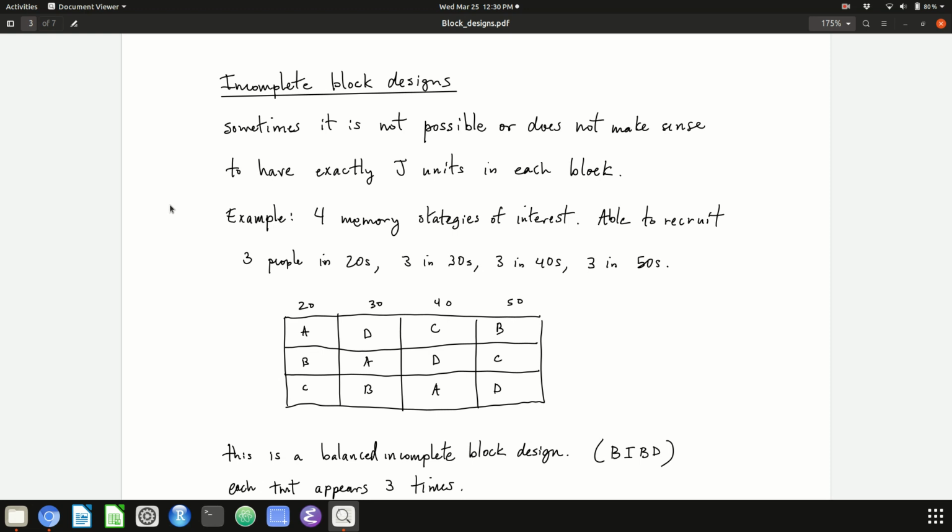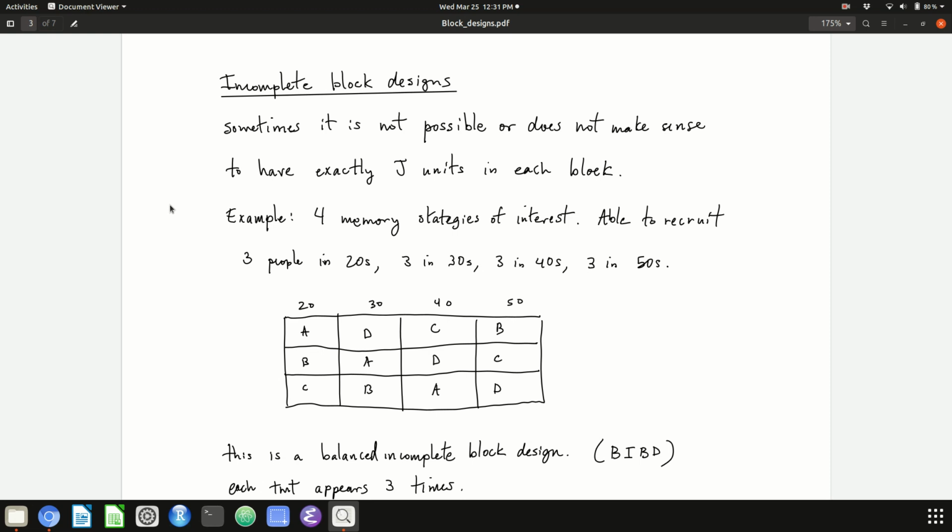So you recruit 12 subjects: 3 people in their 20s, 3 in their 30s, 3 in their 40s, and 3 in their 50s. You think that age may also have an impact on memory, so you want to create blocks according to age.